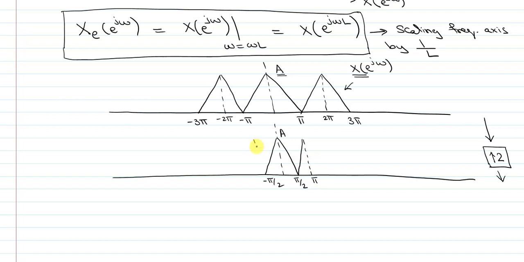So our main DTFT will take this shape, and then of course there is going to be periodic repetition of this thing. So up to 3 pi, you will get periodic repetition of this, and then you will get up to minus 3 pi.